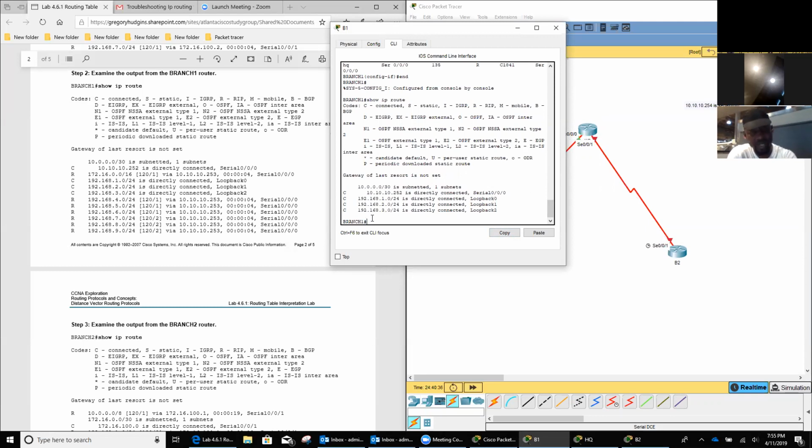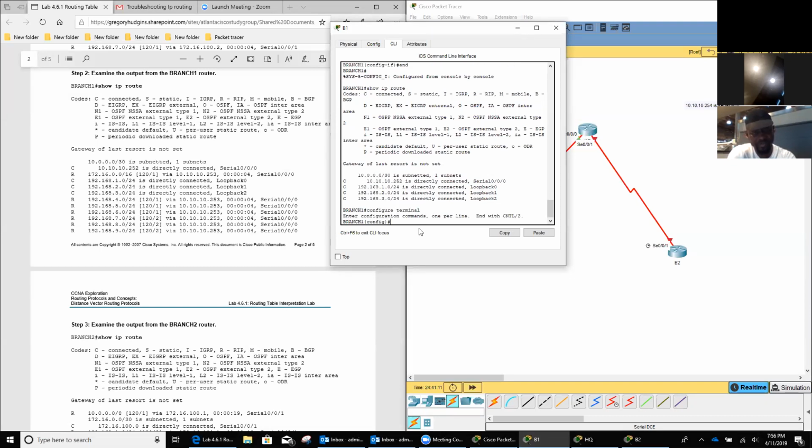All right. I got one question though. I need a definition. I know it says it's subnetted, where it says 10.10.0/30 is subnetted. So I pretty much understand what's going on with the directly connected loopbacks. But what am I supposed to think when I see this is subnetted with one subnet? What the thing about RIP is that it is a classful routing protocol.